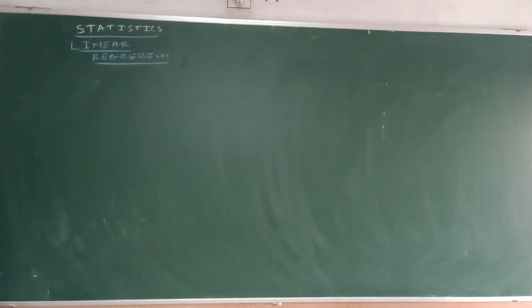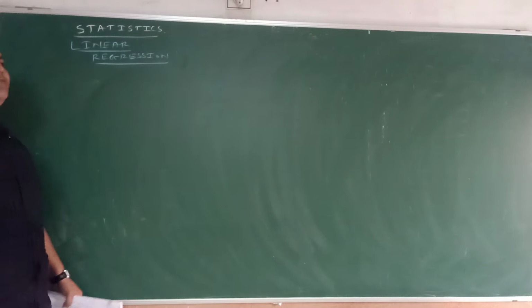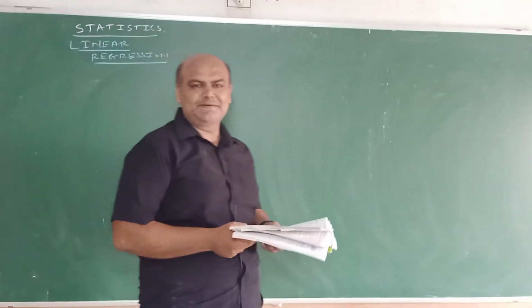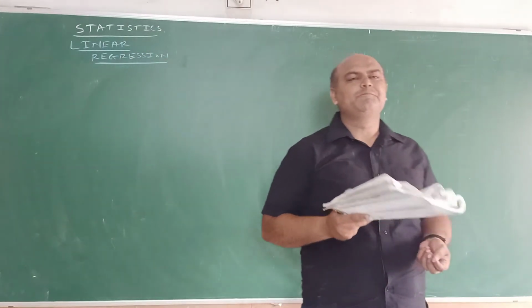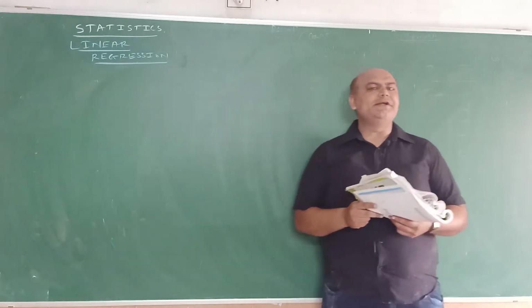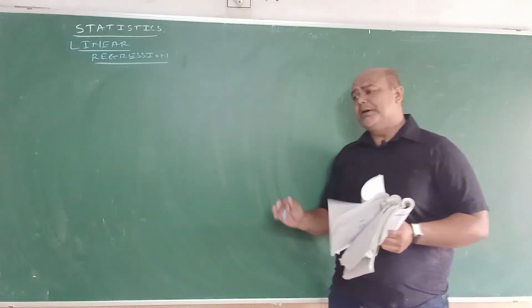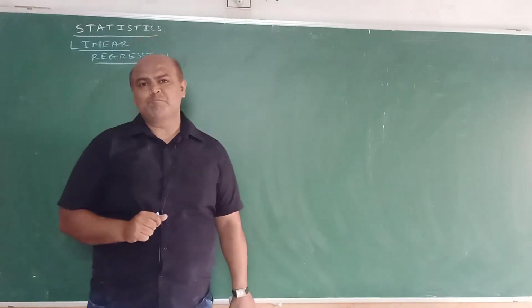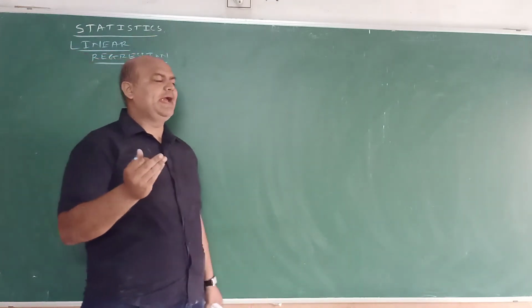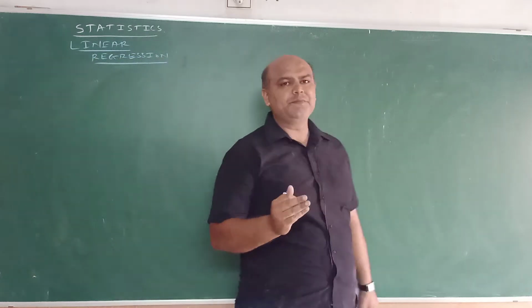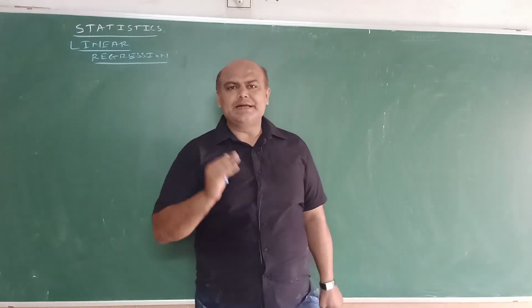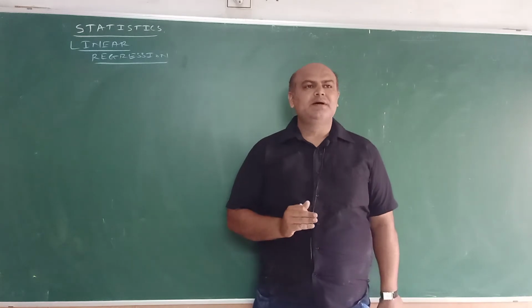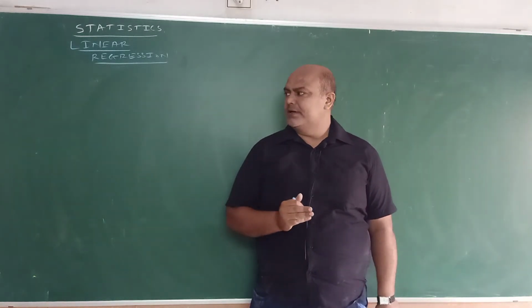My dear friends, in linear regression we studied the different types of sums, like when x bar and y bar are integer, the method of x minus x bar and y minus y bar. You all know we find the regression coefficient, that is b, then the constant, that is a, and the regression line y cap.